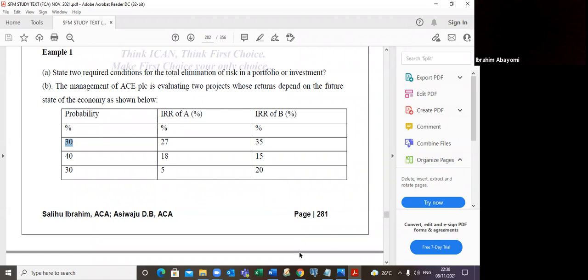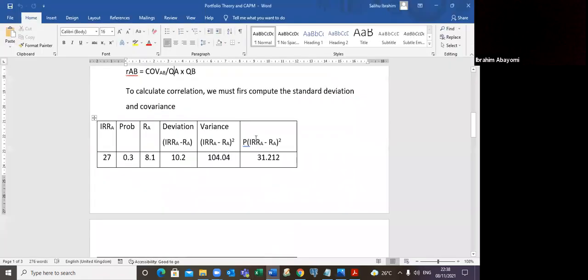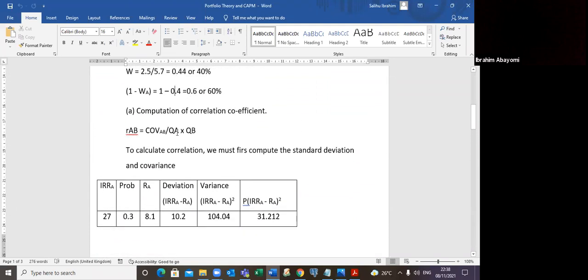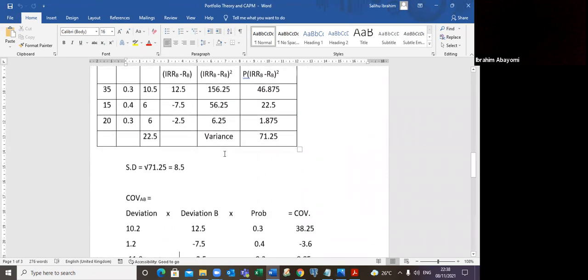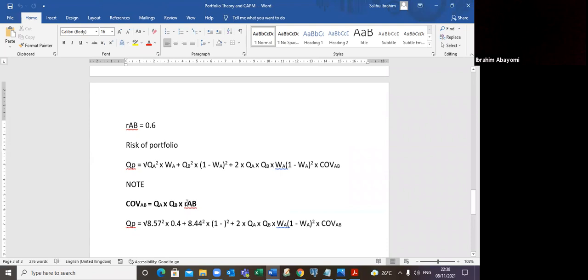Yes, sir. But in a situation where I already have my standard deviation of A, I have my standard deviation of B, and I already have my correlation coefficient, then I don't need to go through the route that I went up there.